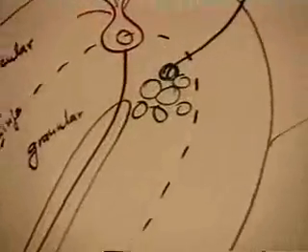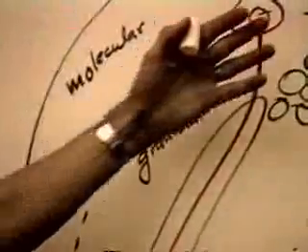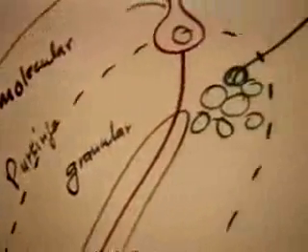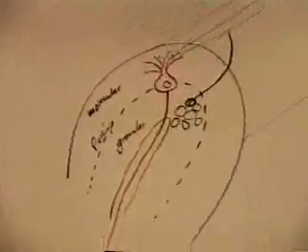Axons go up and branch at right angles to the board and are coming through the dendrites of Purkinje cells like telephone wires to telephone poles.